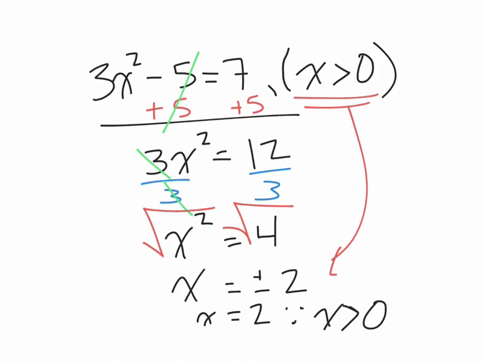Last example, I'll try to write it out just so you'll see it right from the start in the way you saw it before. So 13 minus x squared equals 3, and x will be less than 0.